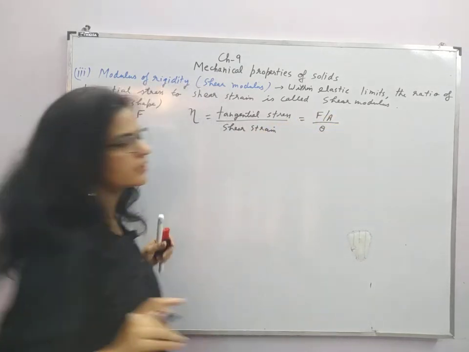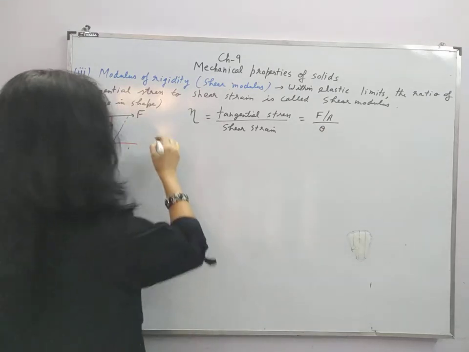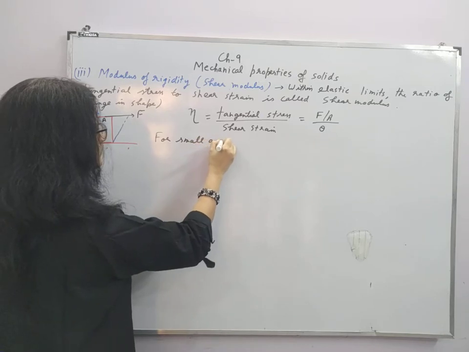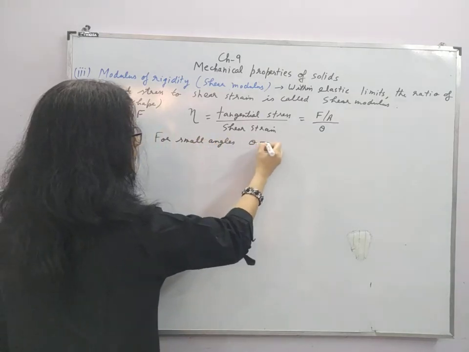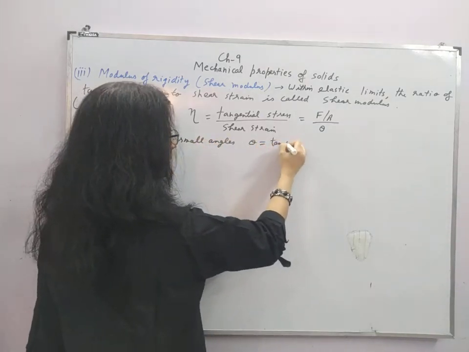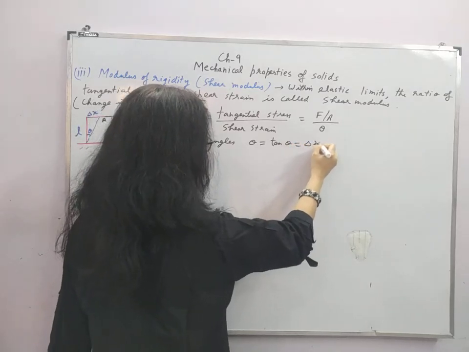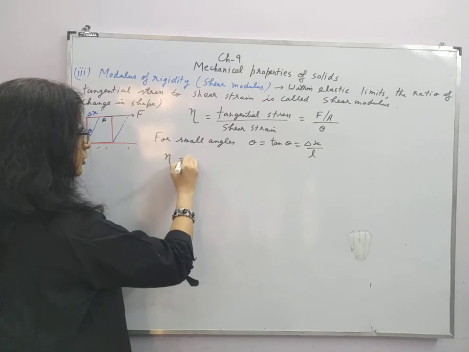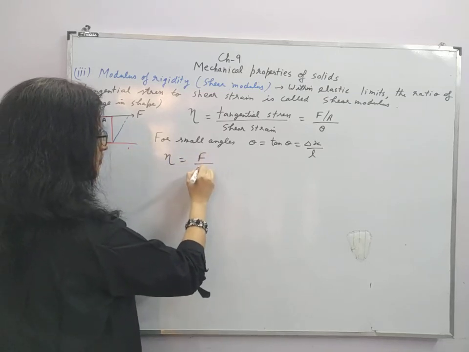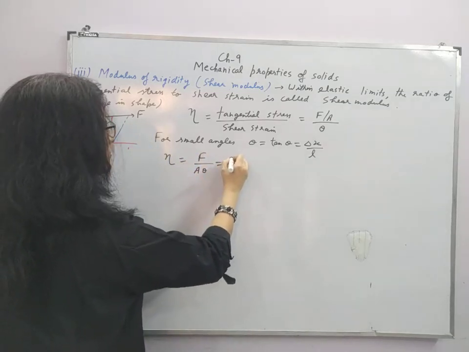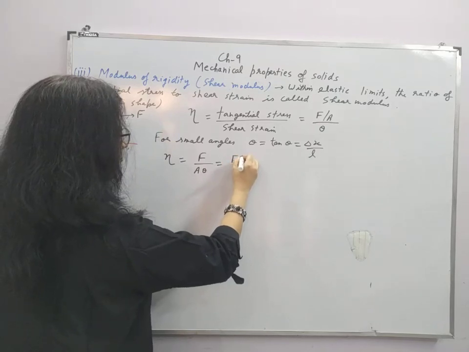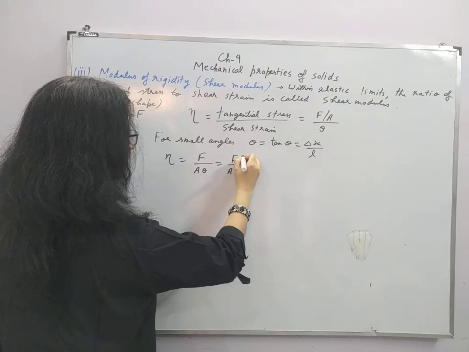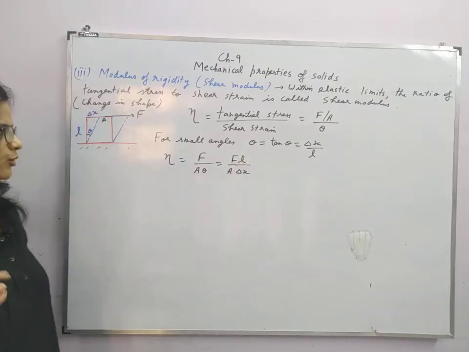Shear strain is here theta. And for small angles, theta can be written as tan theta, and this can be written as perpendicular upon base. So the modulus of rigidity can be written as F upon A theta, and this can be written as F upon A, and this is delta x upon L. So this will be the formula.